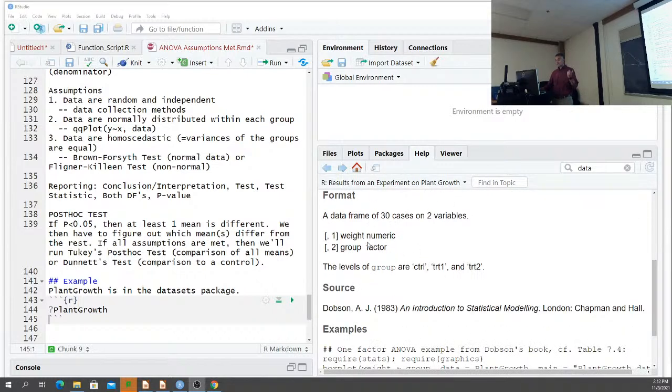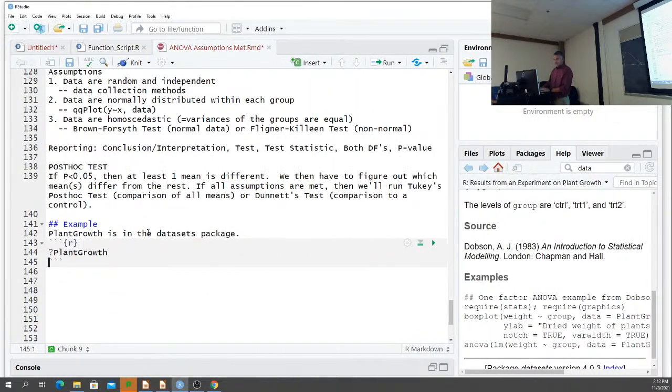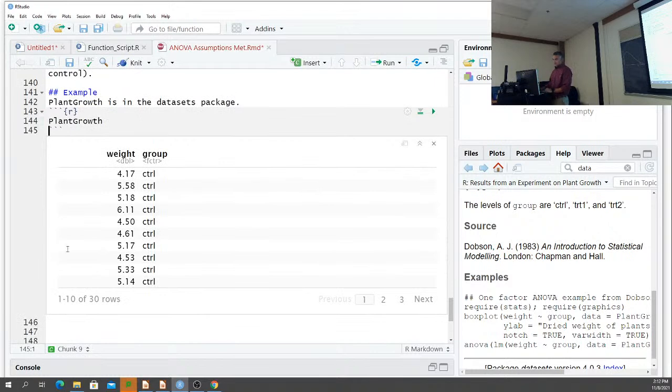And the two variables are our continuous variable, that's our measurement, that's going to be weight, and our categorical variable is the group, which is a factor level variable, and it's control, treatment 1, treatment 2. All right, so let's take a look at this real quick. We did the question mark. I'm just going to look at PlantGrowth, see what the first 30 rows look like. That's what they look like.